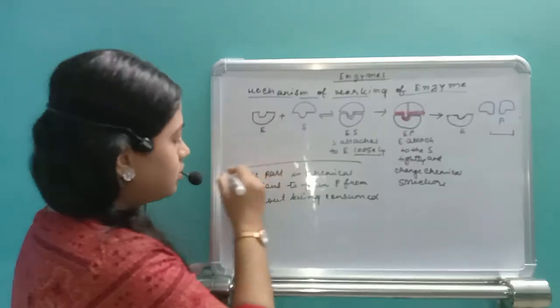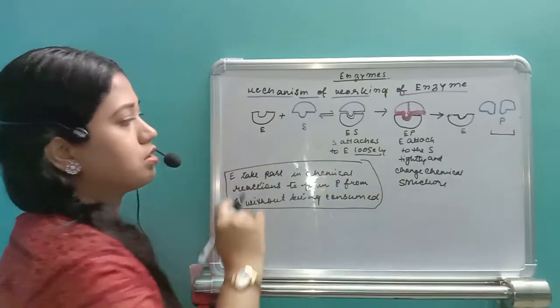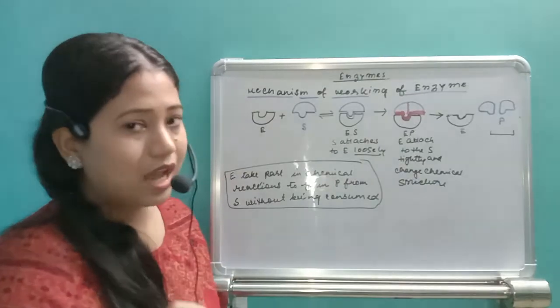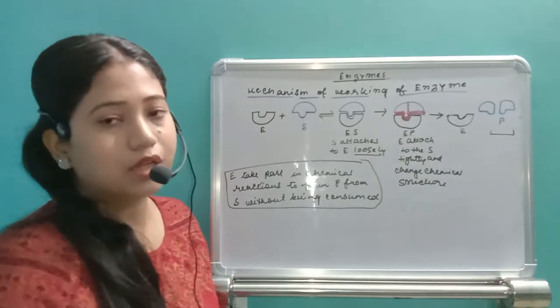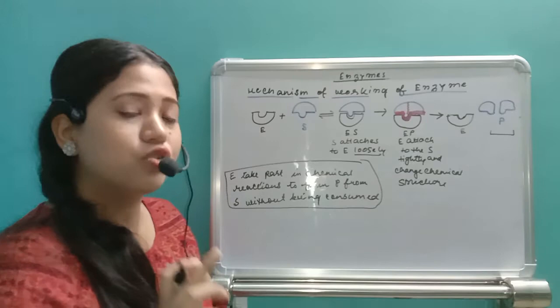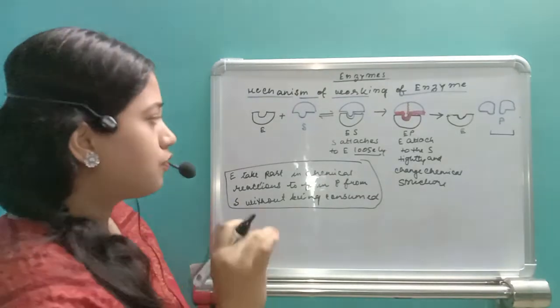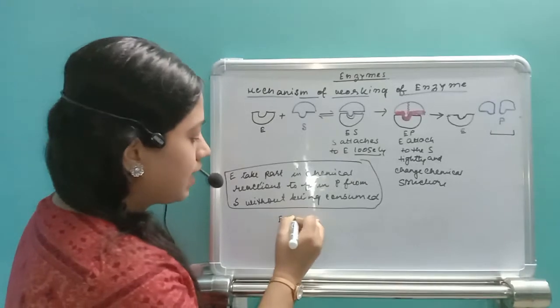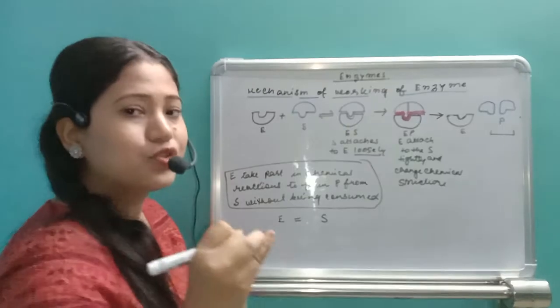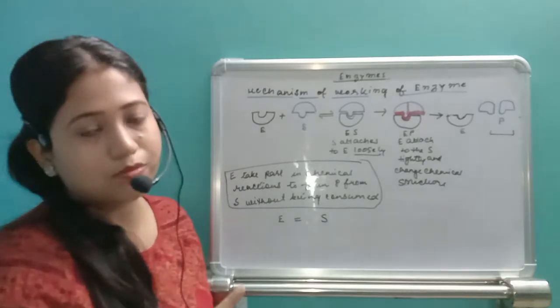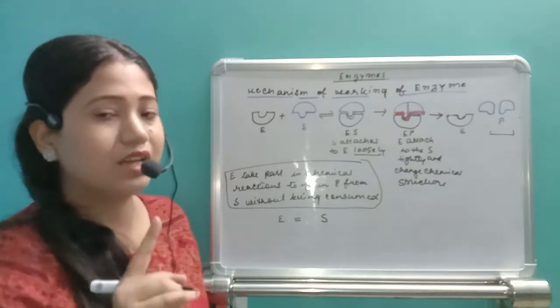This is going to be very important. The enzyme will take part in the chemical reaction, but it is not going to change its shape. First of all, the substrate has the same shape as the enzyme, and only then can the substrate attach to the enzyme.